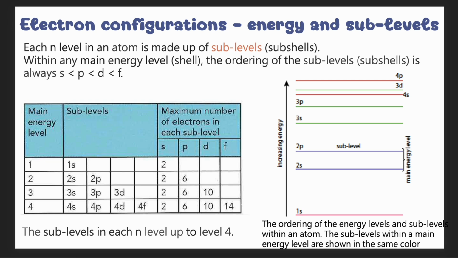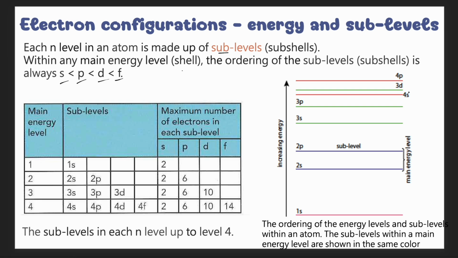Now let's talk about the sublevels. Within any main energy level or shell, the ordering of the sublevels is s, p, d, f, where f has the highest energy.